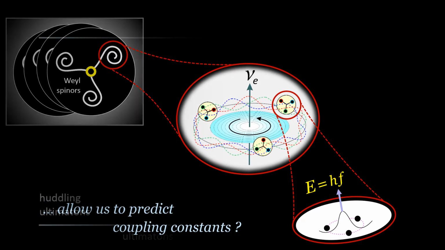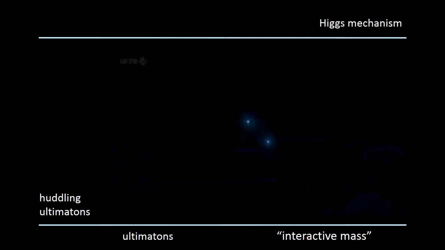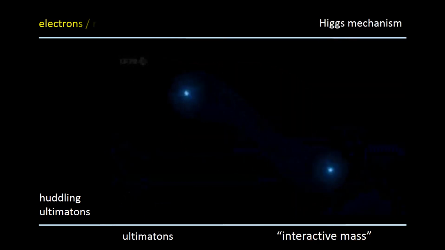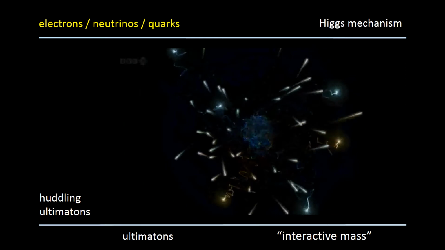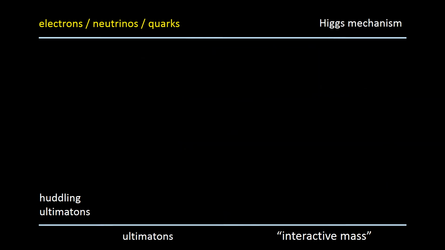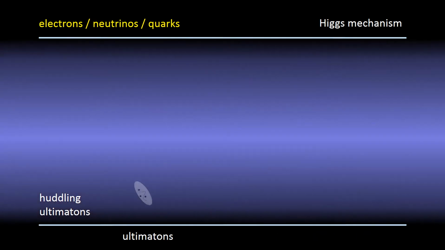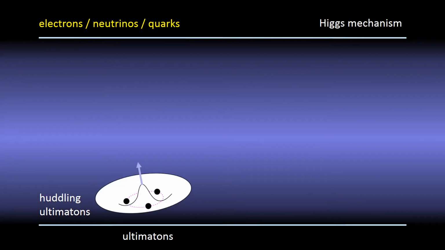So how do we connect all this with real particles that collide? Remember, to make contact with the standard model, all we need is for this huddle of ultimatons to interact with this condensate of weak hypercharge.